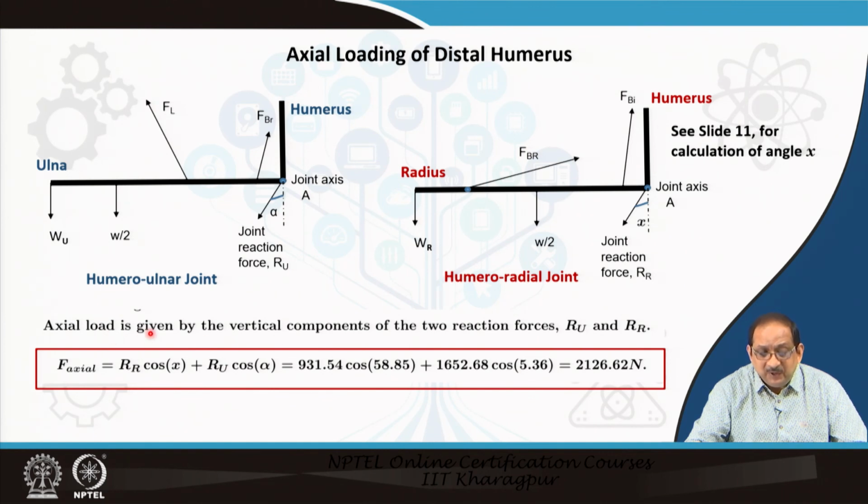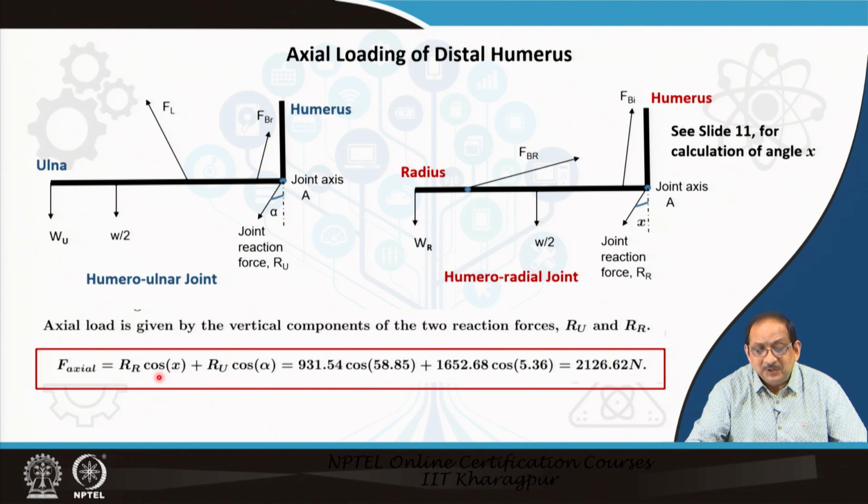Now, if we want to calculate the axial load at the distal end of the humerus, we need the vertical components of the two joint reaction forces. So, one is the Ru joint reaction force and the other is the RR joint reaction force. The components of these joint reaction forces along the vertical direction can be obtained as stated in the equation.